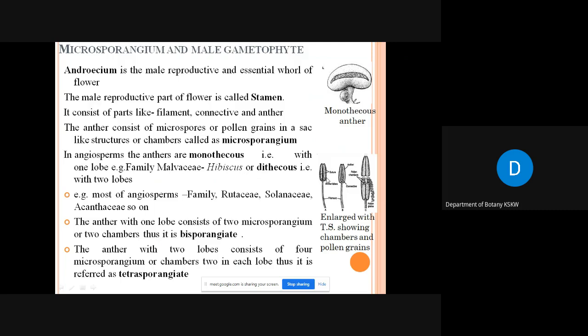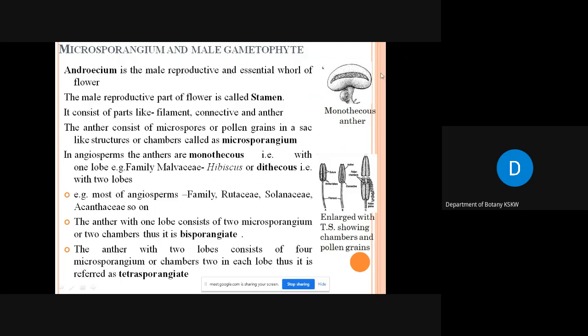The anther with one lobe consists of two microsporangia or two chambers, thus it is bisporangiate. So, monothecous anther is bisporangiate, whereas dithecous anther is tetrasporangiate, as each lobe would contain two chambers.